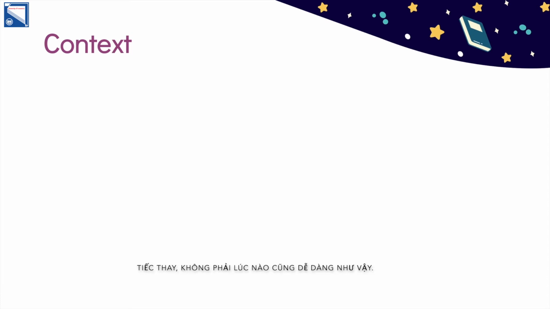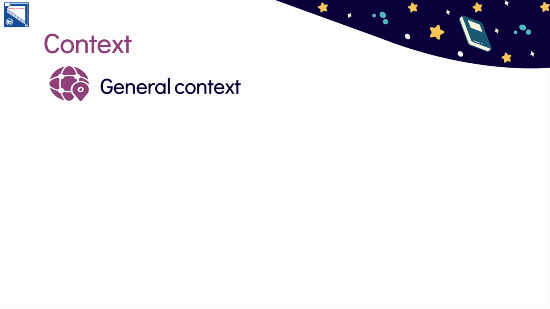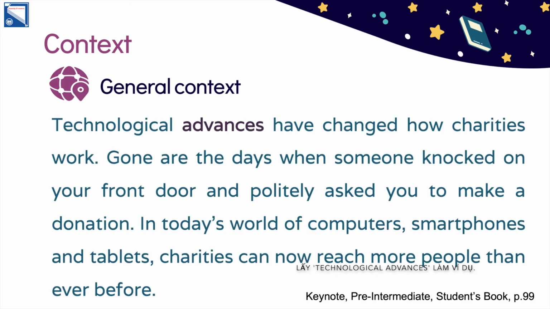Unluckily, sometimes it may not be that easy. Take this text for example. Technological advances. We know the meaning of technological, but the word advances is quite tricky here. The immediate context of the word does not tell you much, so you may want to consider a wider, general context.